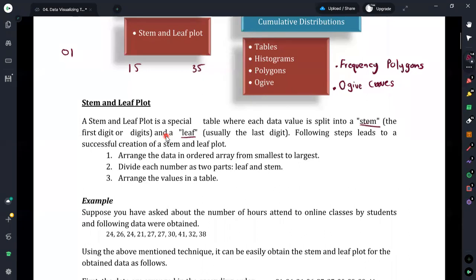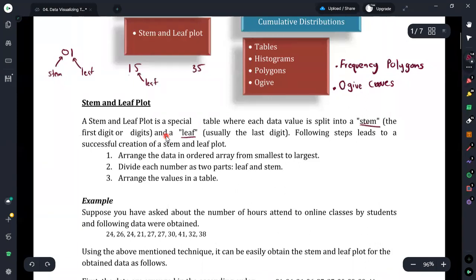Therefore, in 01, 1 is the leaf and the stem is 0. In 15, the last digit 5 is the leaf, and the first digit 1 is the stem. In 35, 5 is the leaf and 3 is the stem.